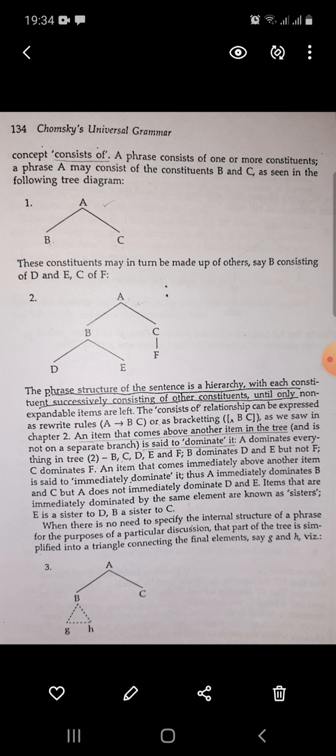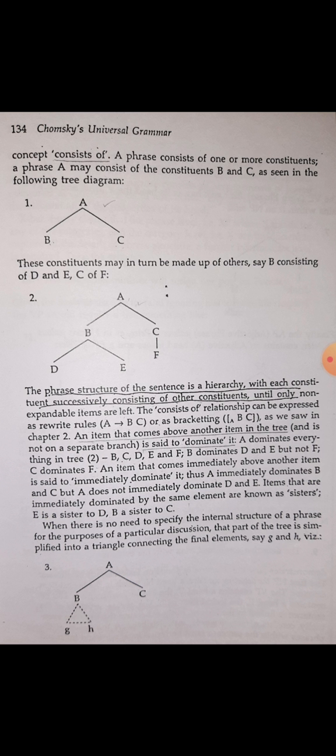If they are on the same level, they are called sisters. For example, B and C are sisters because they are dominated by the same item, that is A, and A is above the level of B and C. So B and C are sisters.